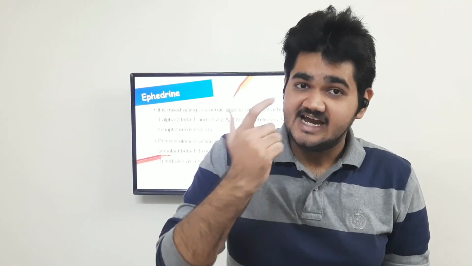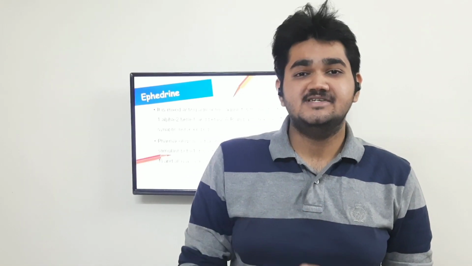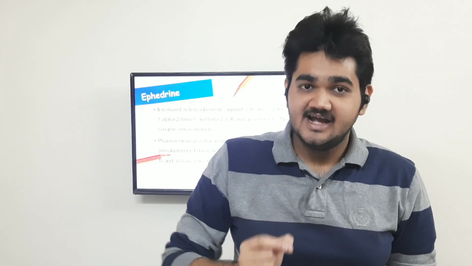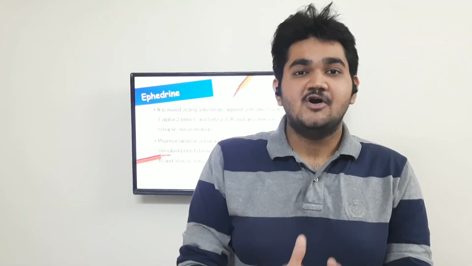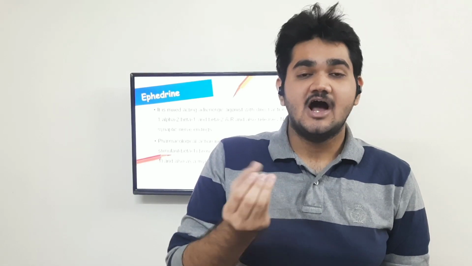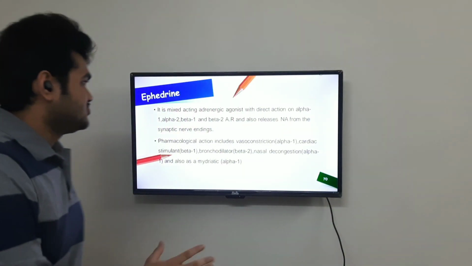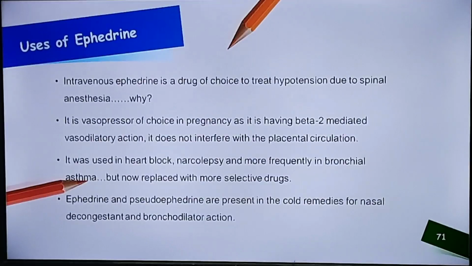Now second thing, beta 1 को भी स्टिम्युलेट करेगा. beta 1 को अगर स्टिम्युलेट किया तो कार्डियक आउटपुट बढ़ेगा and because of increase in cardiac output again our blood pressure will increase. So ephedrine can be used in case of hypotension because of spinal anesthesia.